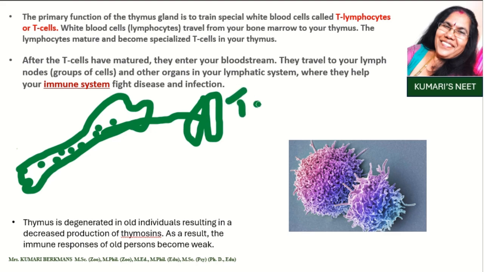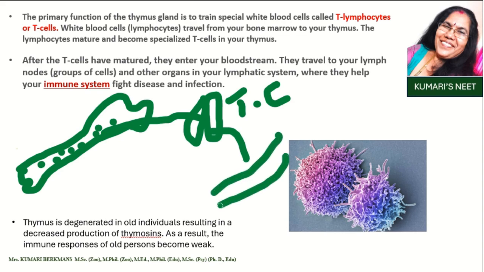Okay, which one modifies? The WBC is transformed or matured into T cell, in the thymus itself. Okay, then this cell enters the bloodstream, that is the blood circulatory system, and then they travel to the lymph nodes, in the sense in the lymphatic system.